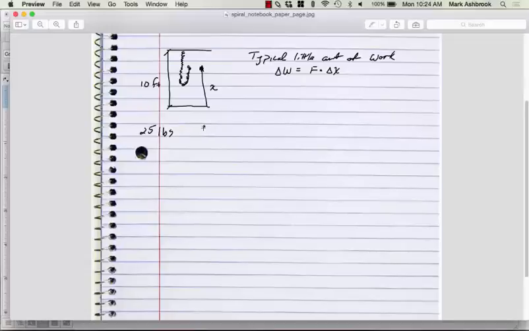So this chain weighs 2.5 pounds for every foot. So now if we know how many feet is this right here? Is it 2.5 delta x? No, delta x is how far we're going to move this little amount. We're asking how much weight are we lifting or carrying right now, okay? So that would be for this much chain.